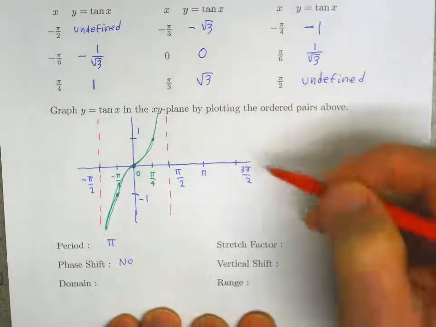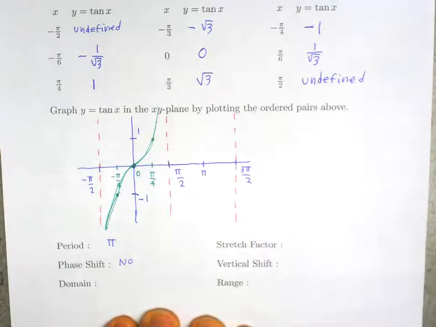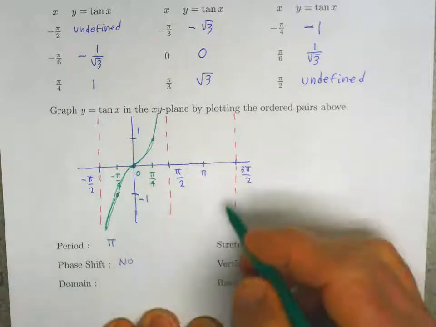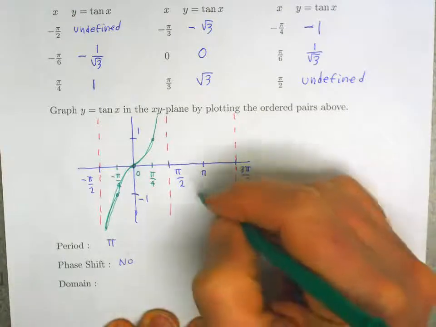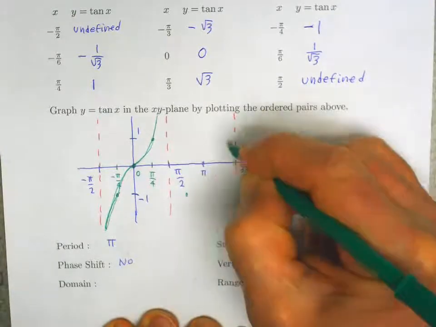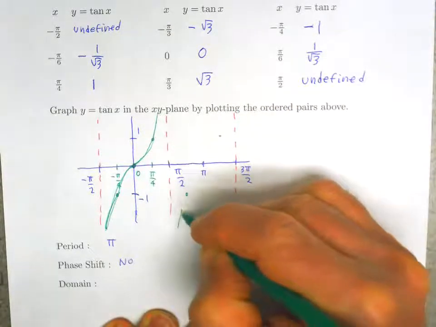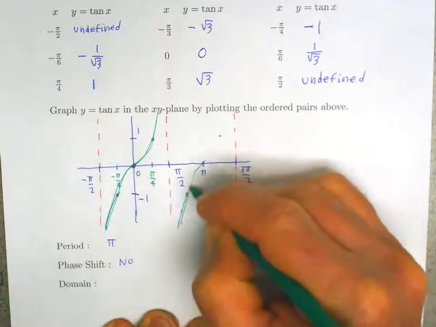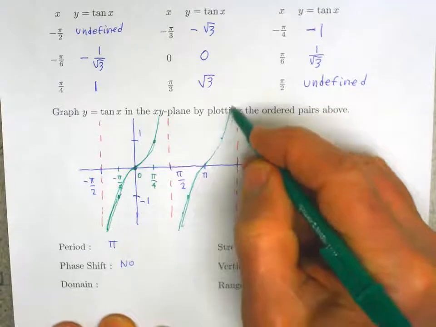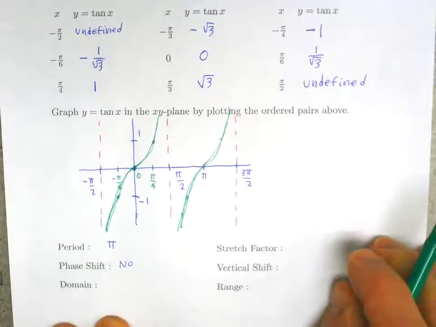And then at 3π/2, we have another vertical asymptote. But the graph in this period has the same pattern as this one over here. So we have these points. So my graphs won't look the same, but they're supposed to be the same. If you want a better picture of the tangent function, you could look in the textbook.